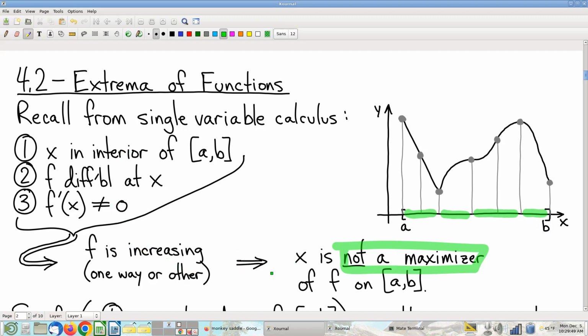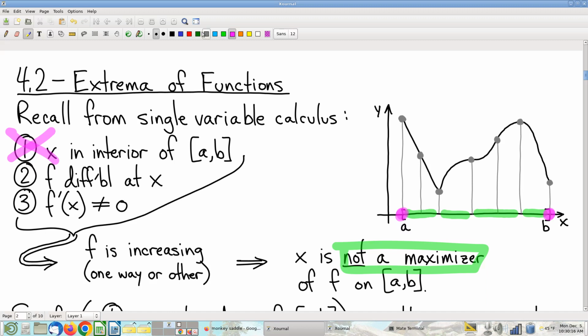So what remains, and we do have to confess, there's certain points I can't eliminate. There are certain points that are not in the interior, such as that point and that point. They're not in the interior, and I've got to be in the interior so I can argue, look, I can go either way I want, and the function's increasing one way or the other. If you're on the edge, no comment.